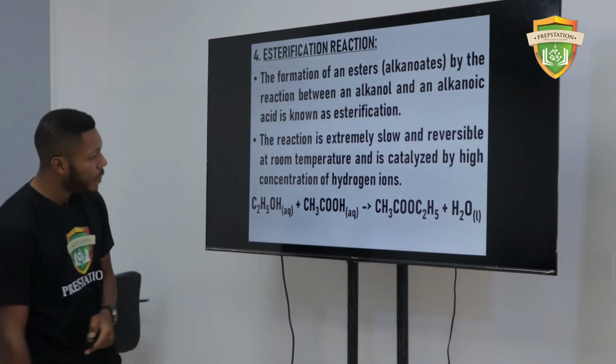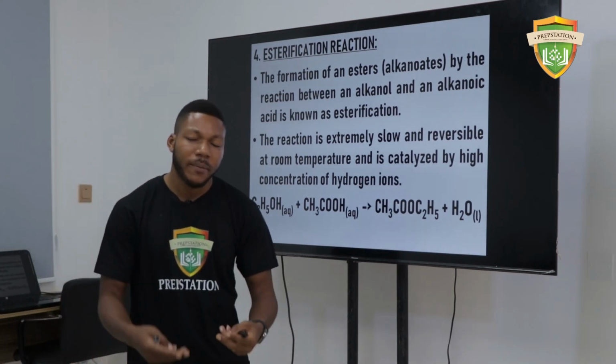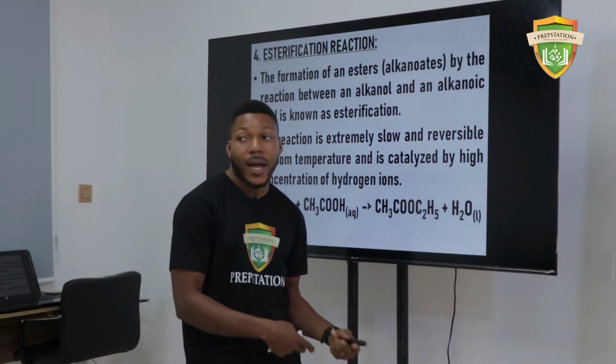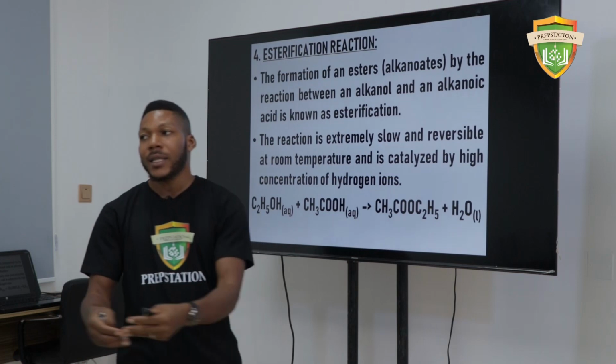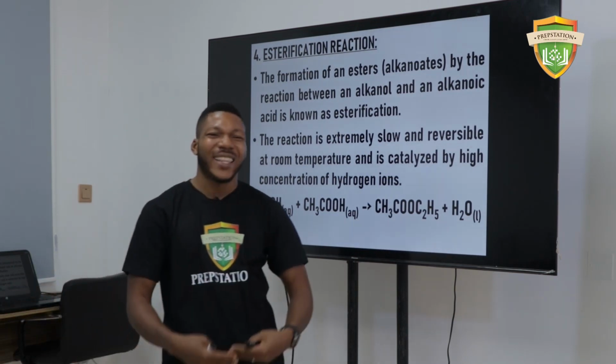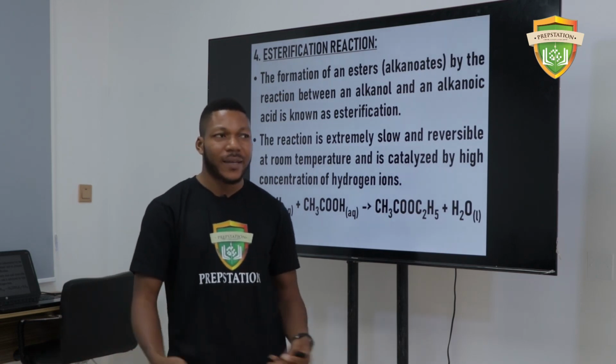All right, esterification reaction. This is a reaction between an alkanoic acid and an alkanol to give us an ester called alkanoate with the release of water as a byproduct.